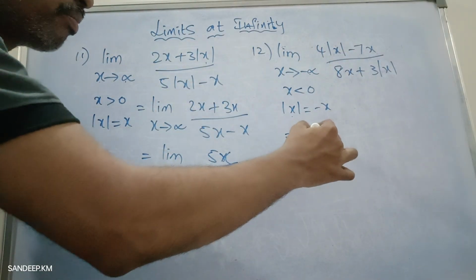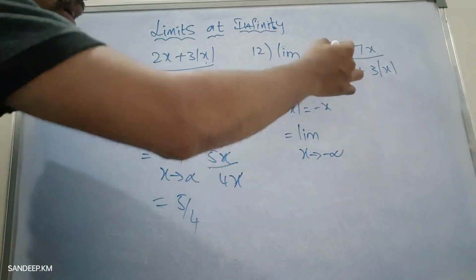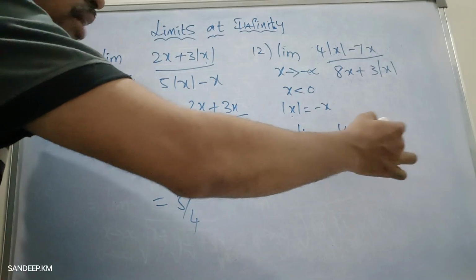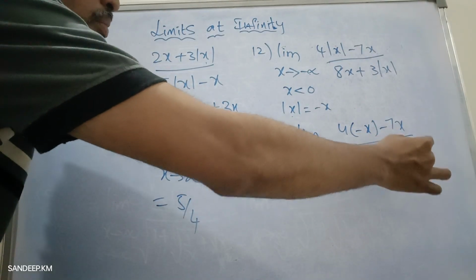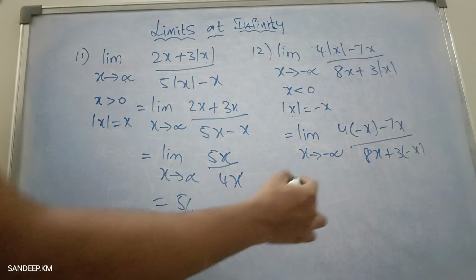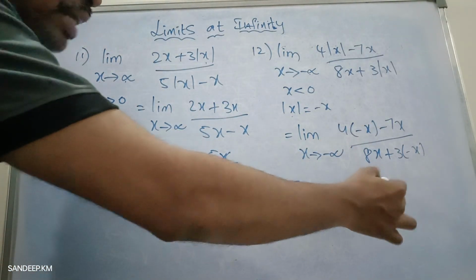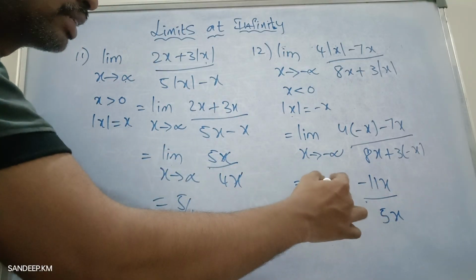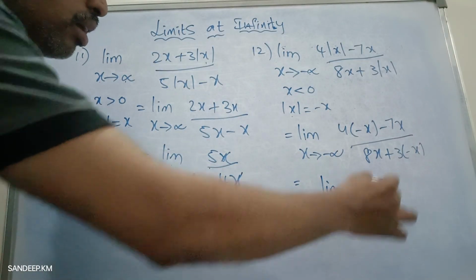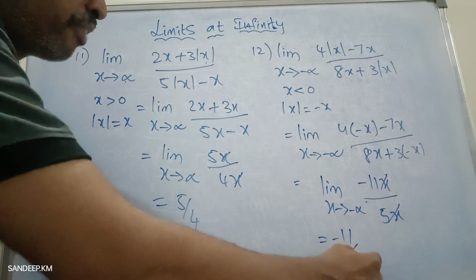So limit x approaches minus infinity, the numerator 4 into minus x minus 7x by 8x plus 3 into minus x. So the numerator will become minus 11x and the denominator will become 5x, and x and x get cancelled, obviously giving you minus 11 by 5 as the answer.